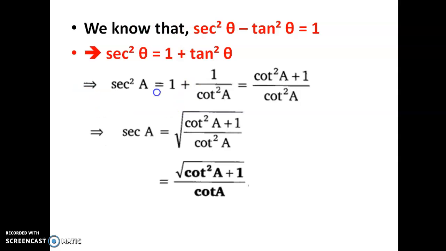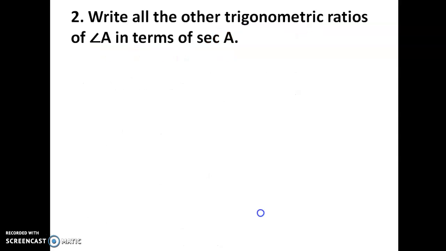Root of cot square A in the denominator, root and square will get cancelled and you will be left with cot A. In the numerator you can't do anything because cot square A plus 1 is there, so you can't cancel square and square root. Write as such. Then last one, tan A we have to find out. It's very simple because in terms of cot we have to represent. So tan A equal to 1 by cot A. That's the final answer.